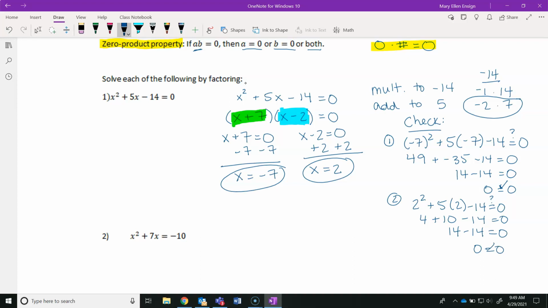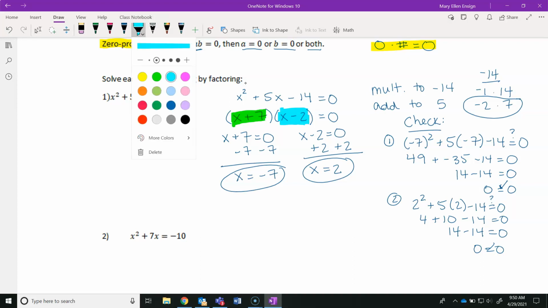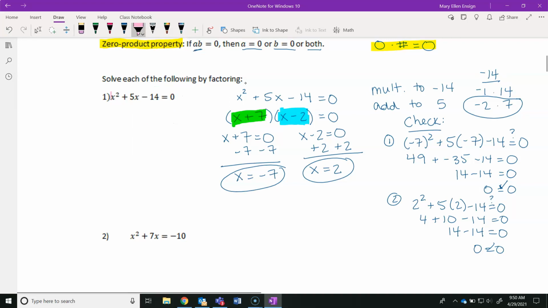All right, so let's talk for a minute just about solutions of these higher order equations. So when we look over here at this equation, we see that it had x squared, right? That's the highest degree. So whatever your highest exponent is, that is the maximum number of solutions.